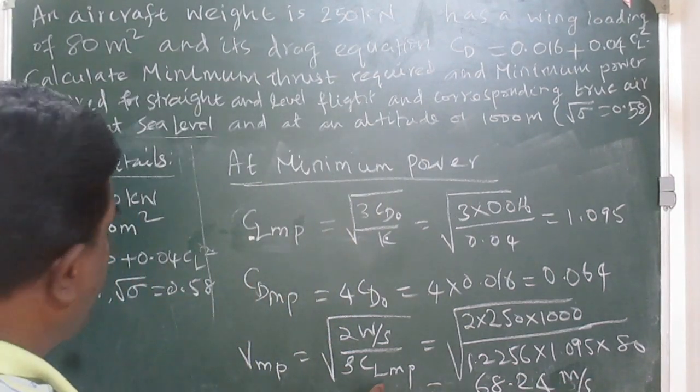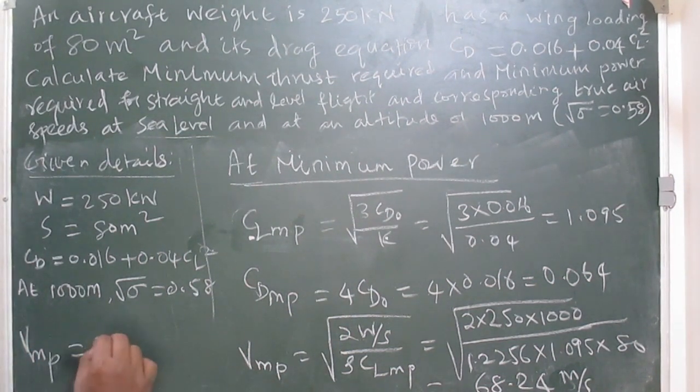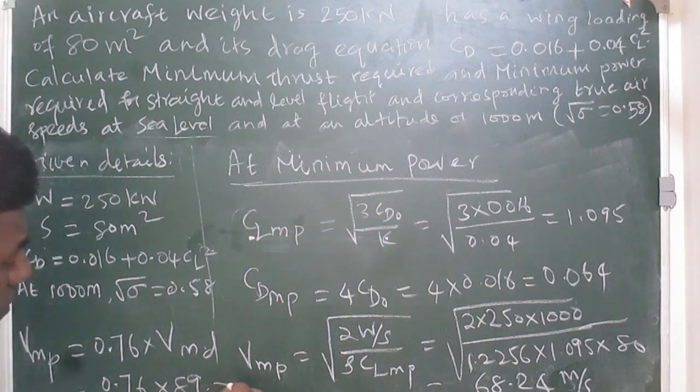We can also calculate this value by using a relationship, because we know velocity at minimum power is 0.76 into VMD, the velocity at minimum drag, 0.76 into 89.79.